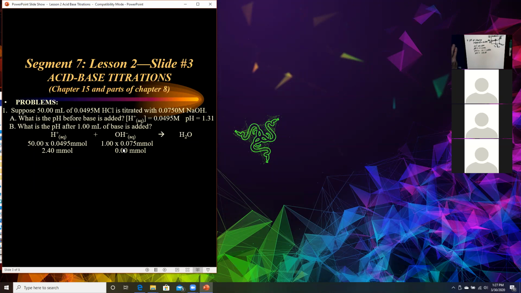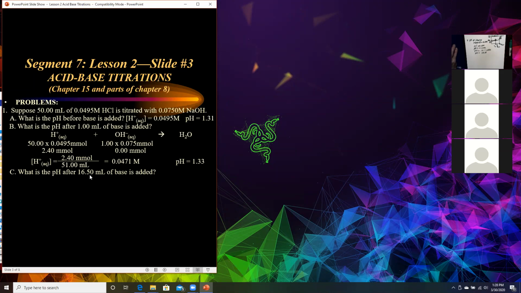After the reaction's over, there's none of this left. So the acid's concentration has dropped: I'm going to have 2.40 millimoles, and now it's in 51 milliliters. So I solve for the new molarity, solve for the new pH. It goes from 1.31 to 1.33 when I add 1 milliliter of base.